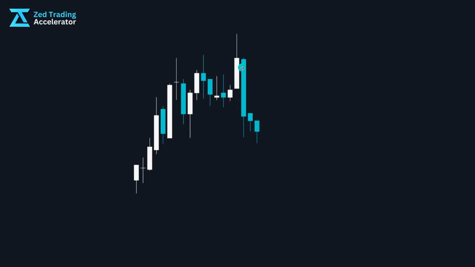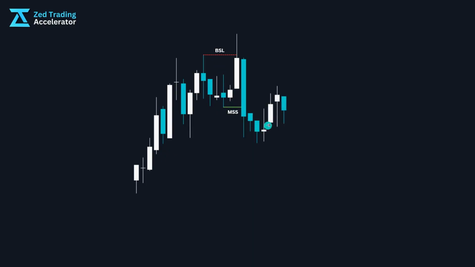The market shifted lower. This is what we call now a market structure shift. As we can see, we have displacement right here, forming a fair value gap, right? And this right here is no longer a break of structure. This is now what we call buy-side liquidity taken.